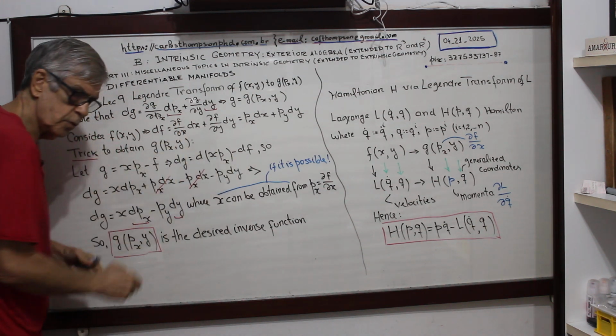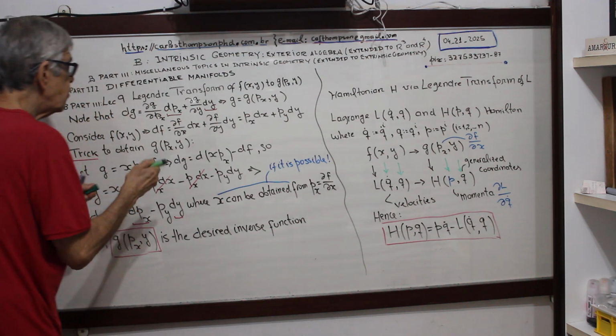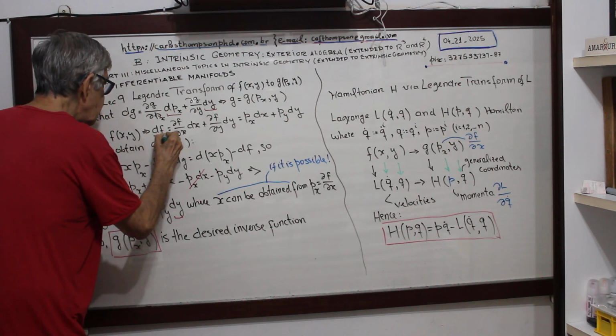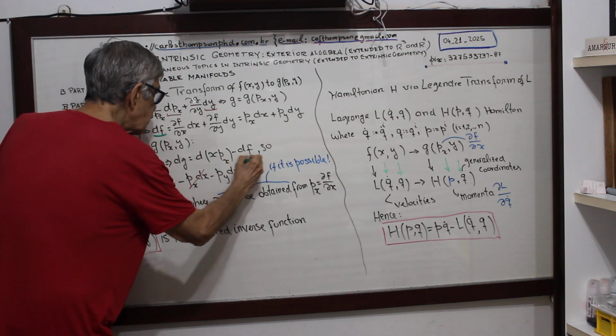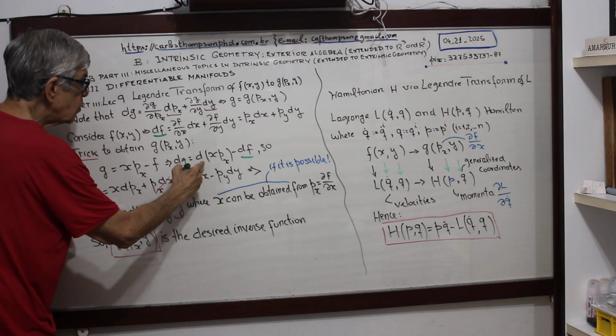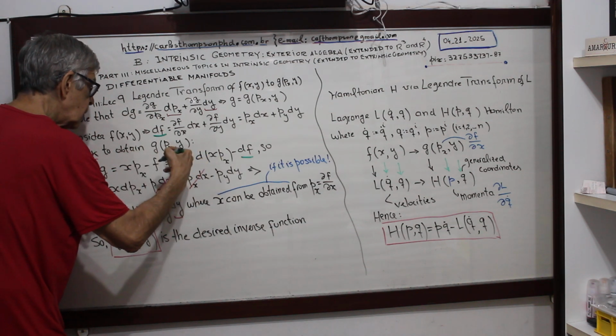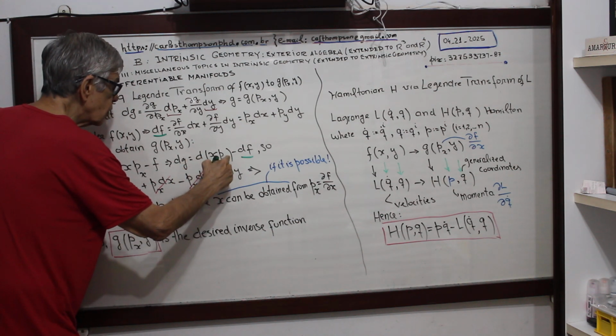Let's put a color just to clarify. So this is df over here, and this is df over here. I substitute df there. And I also applied the differential of a product.